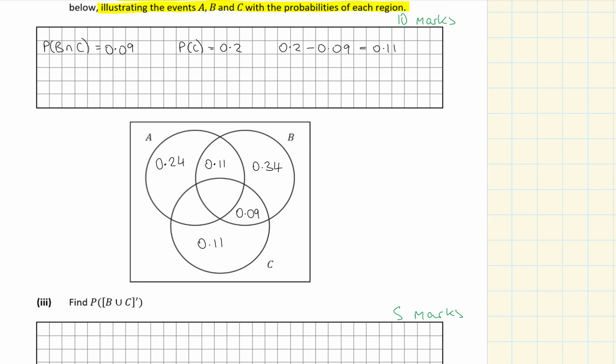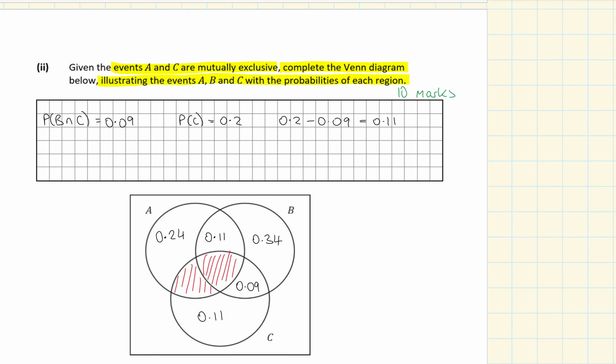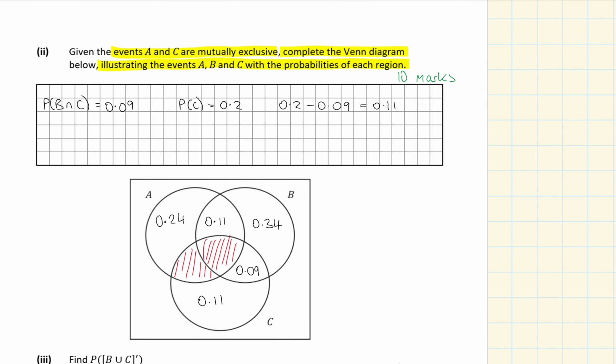And then they tell us A and C are exclusive events, so the area in here needs to stay empty, because if events are mutually exclusive, there'll be no overlap between them. So our last part is to figure out what our leftover is. We'll have 1 minus everything else.